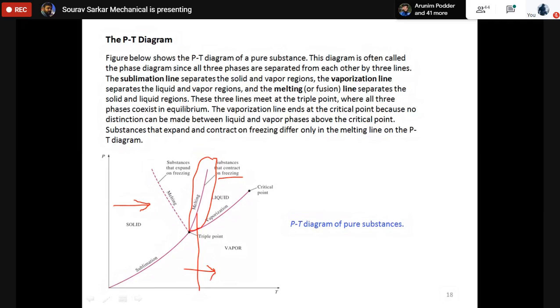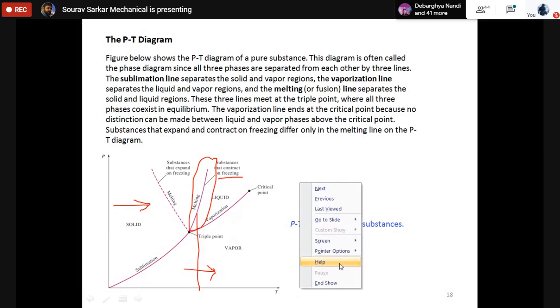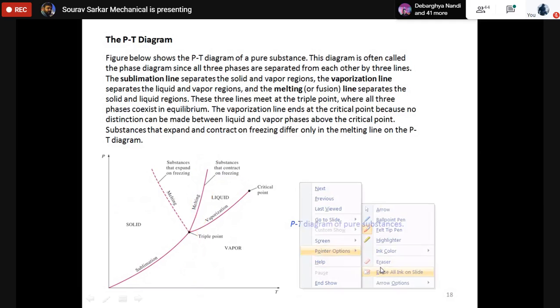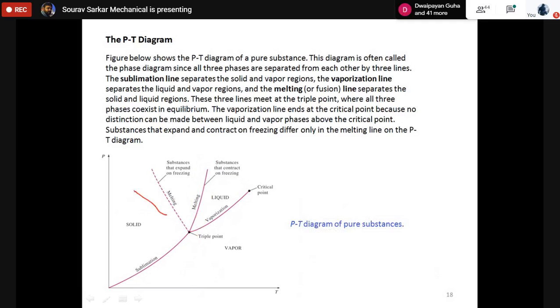So this is for the substances which contract on freezing and expand in melting, just like the iron I have given as the example. Okay. Now let's look into this part of the diagram. This is for the substances that expand on freezing, just like water.